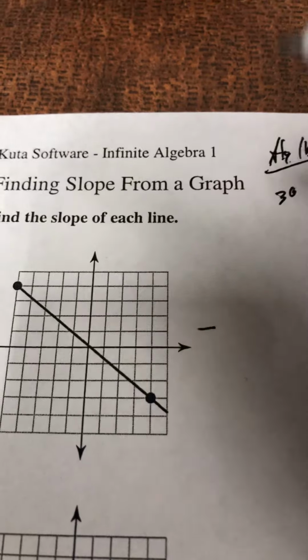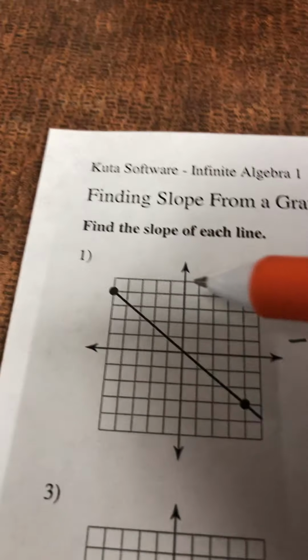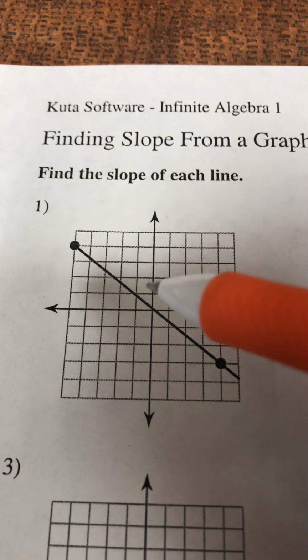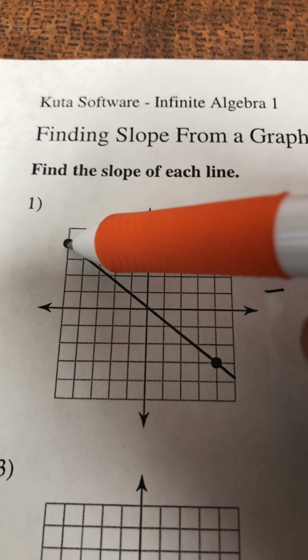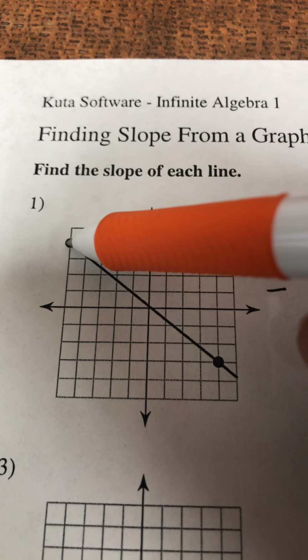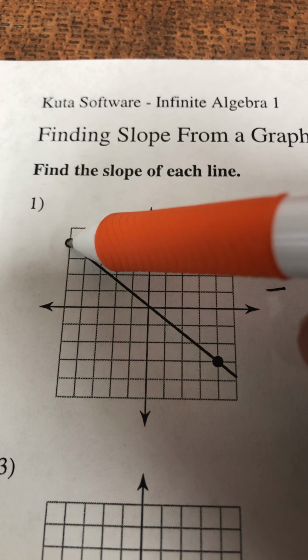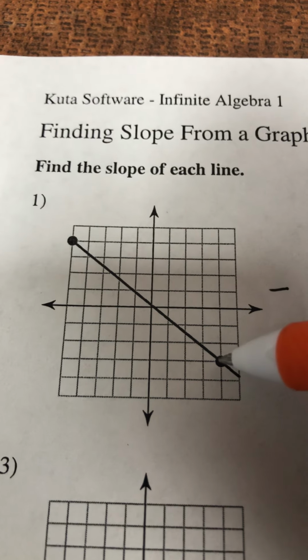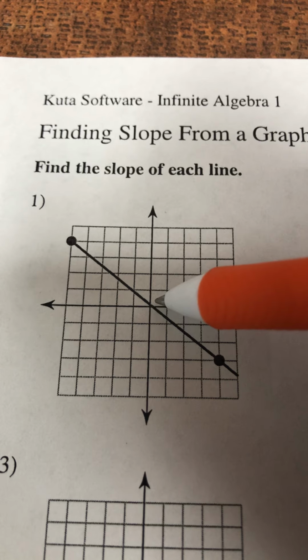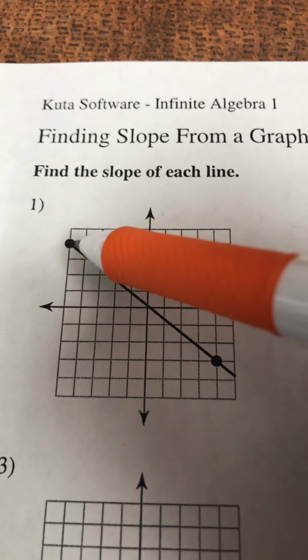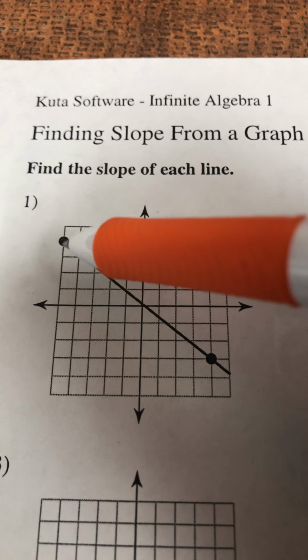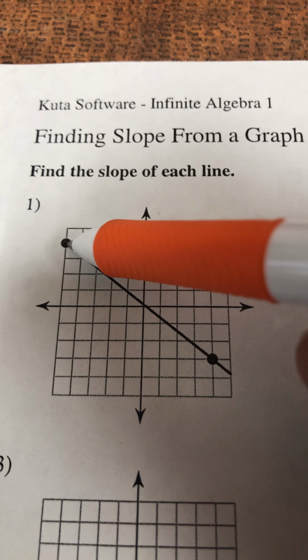So this one being a negative slope, I'm just going to read it from left to right. I'm going to start with this dot, and I could count to this dot, but you know what is going to be easier? Let's just count to that dot. So let's go dot to dot here. It's the rise over the run.